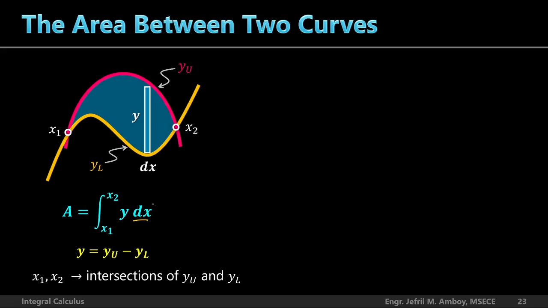So again, since the variable of integration here is x, we will consider limits from x1 to x2. At this point, ano ang value ng x? That's your x1. And at this point, ano ang value ng x? That is your x2. Now, itong upper curve at lower curve na ito, yan ay parehas in terms of x.